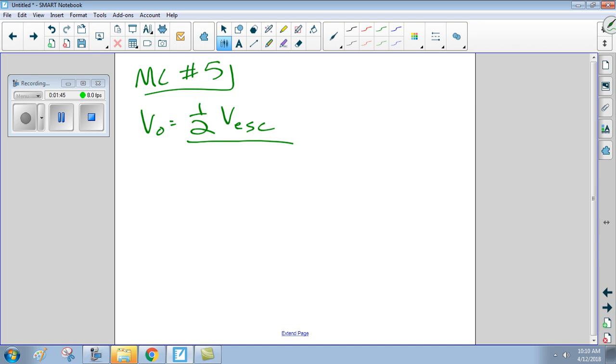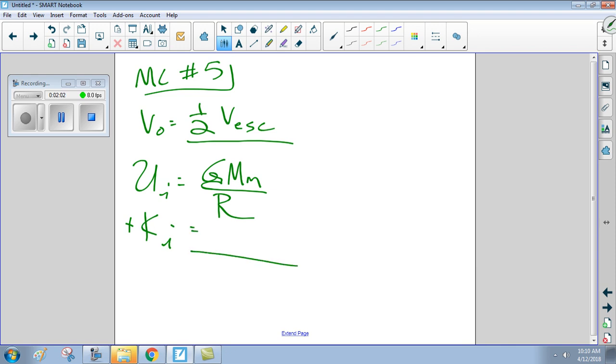So the idea is when we fire it, the potential energy is negative G times the mass of the Earth times the mass of the thing over the radius of the Earth. We need that to be such that when we add our initial kinetic energy, we get 0, right?